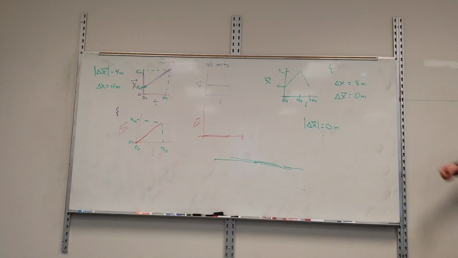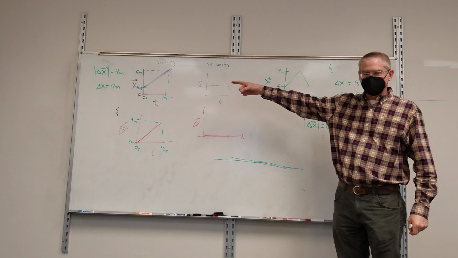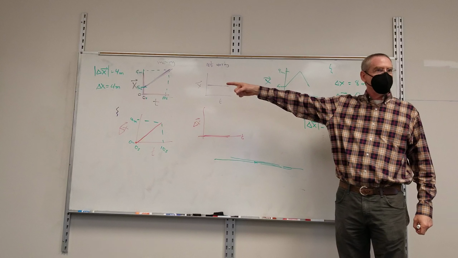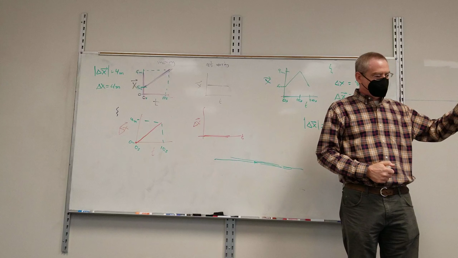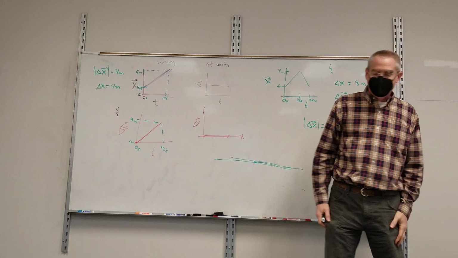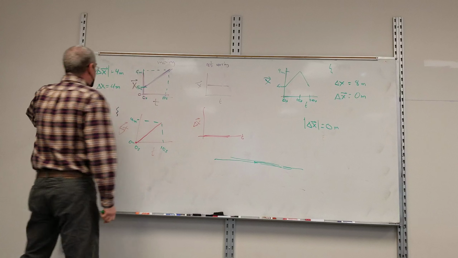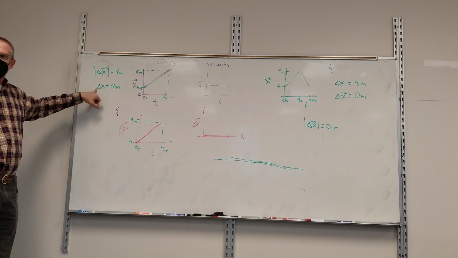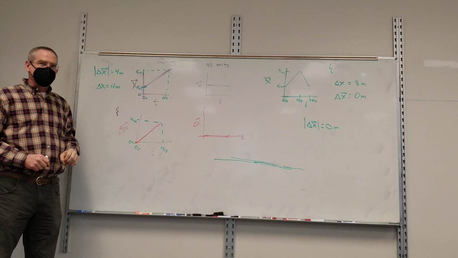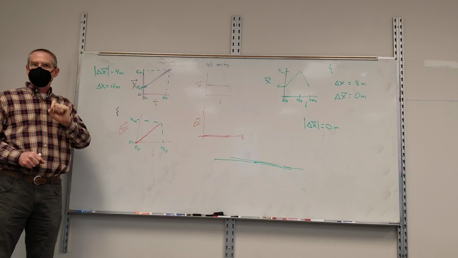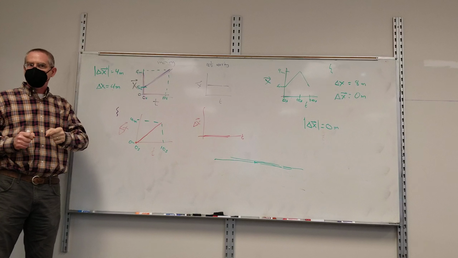Now, you might be looking over here and going, well, wait a second, does that contradict what we said over here? And this is where the language comes in, and just the way it is. The magnitude of the displacement can be equal to the distance. The displacement itself, all you say is the displacement equals the distance. Displacement has a direction, distance does not. They cannot be equal to each other in that sense.